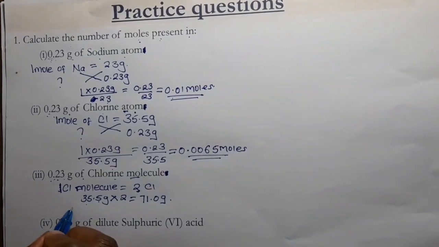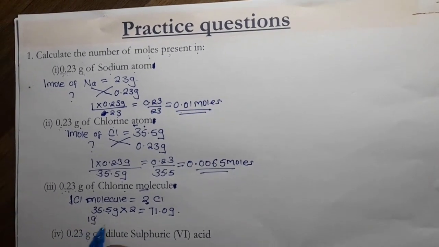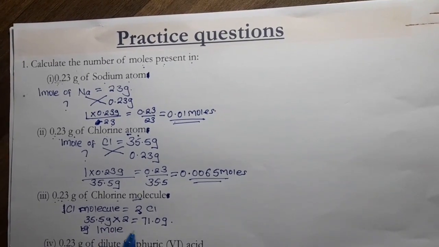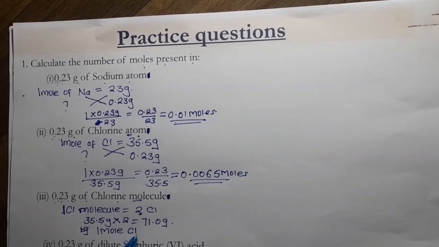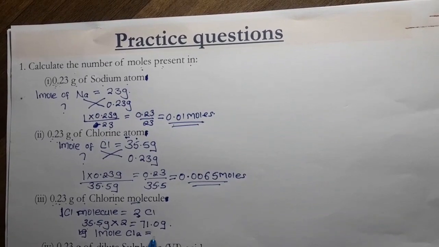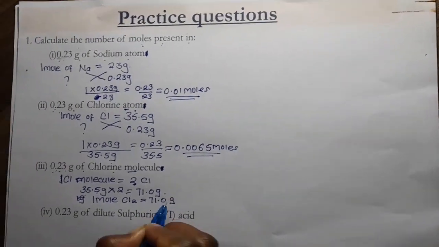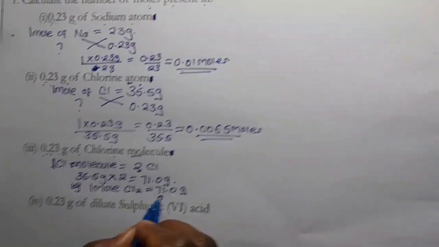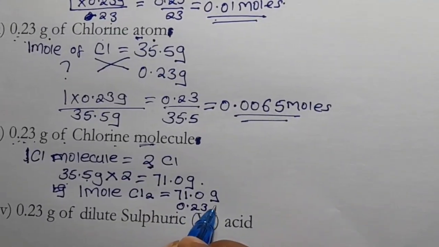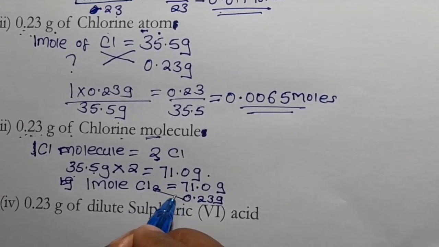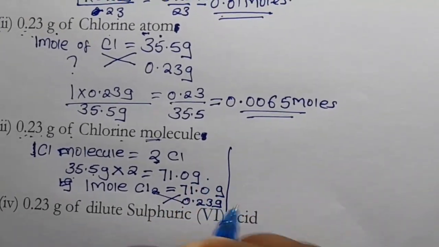Now here we can compare 1 mole of chlorine molecule will give us a mass of 71.0 grams. So what about 0.23 grams of the chlorine molecule? So again we cross multiply here.